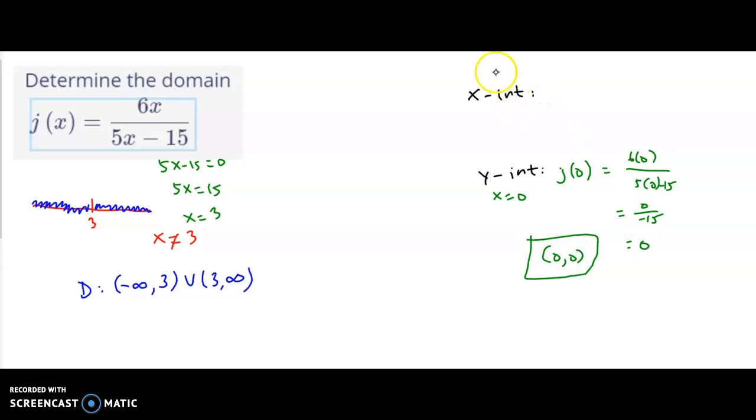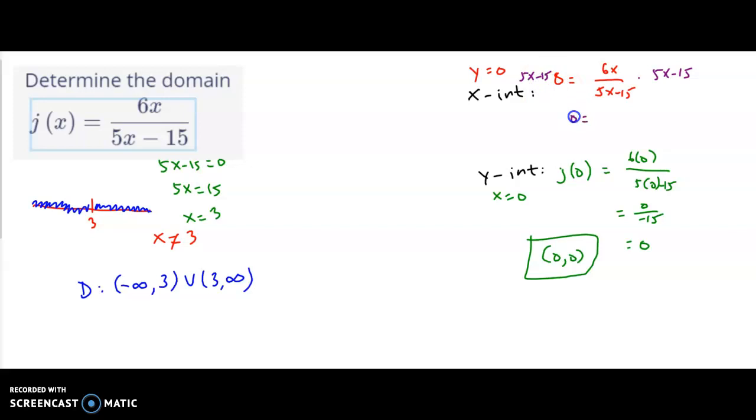For the x-intercept, that means y is equal to 0. Now that means I'm setting the equation equal to 0. I have 0 equals 6x over 5x minus 15. I can multiply by the denominator to both sides, but it doesn't matter. On the left-hand side, that's just 0 again, right?